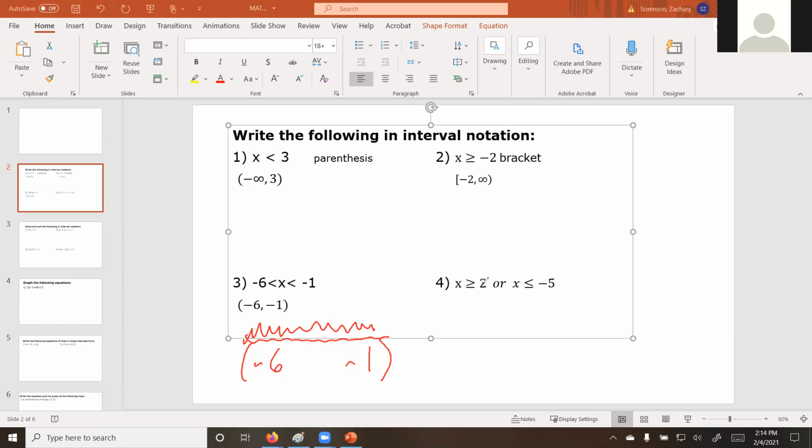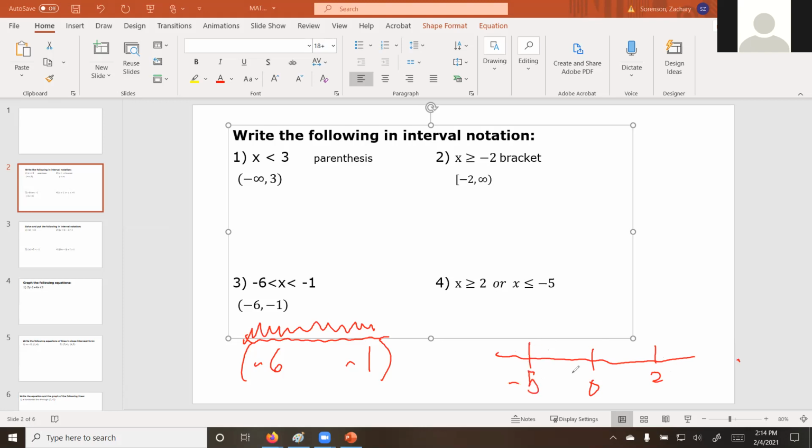When we're dealing with X greater than or equal to 2, or X less than or equal to -5, I'll make this picture a little bit nicer. Let's make a number line. That's not where -5 should be. It should be 2, and this should be -5.